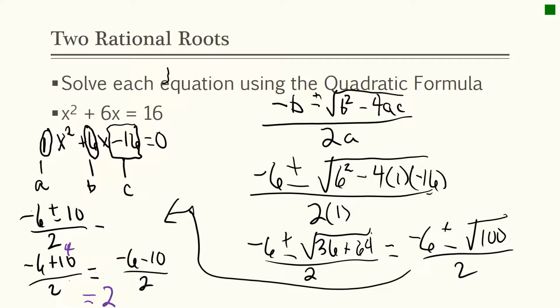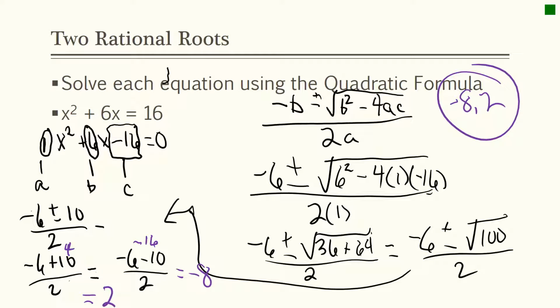And negative 6 minus 10 gives me negative 16 over 2, which equals negative 8. So my two roots of x squared plus 6x equaling 16 are negative 8 and 2.